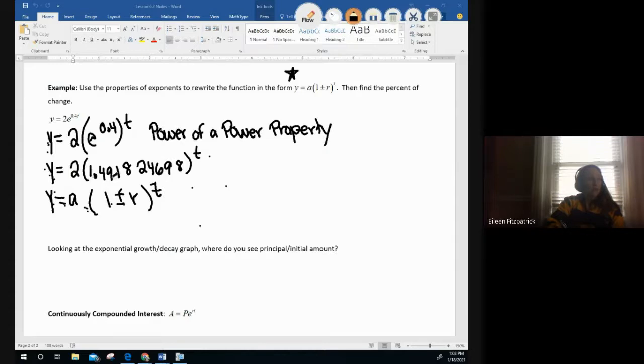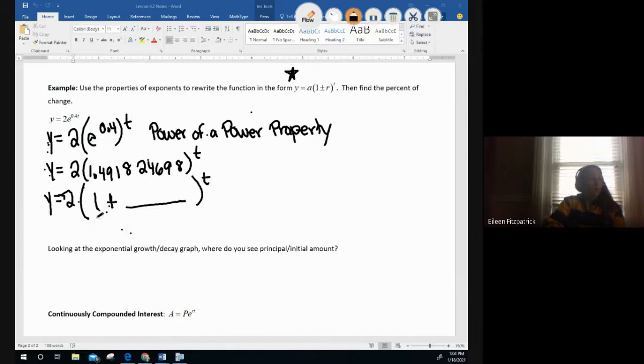Inside parentheses, I just need to write this as 1 plus something or 1 minus something. Since inside the parentheses is a number larger than 1, I know it's exponential growth, which means it's going to match that 1 plus r model. So I have y equals 2, and then 1 plus something raised to the t.